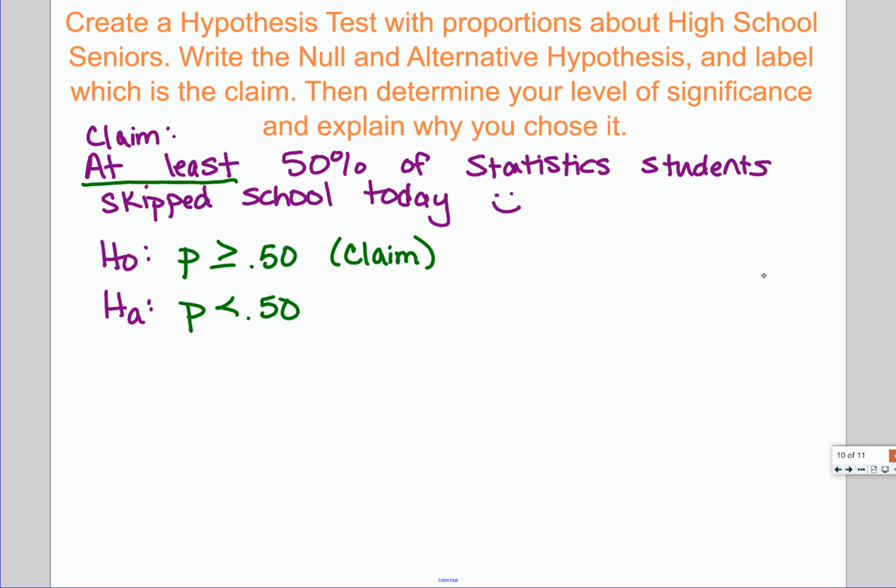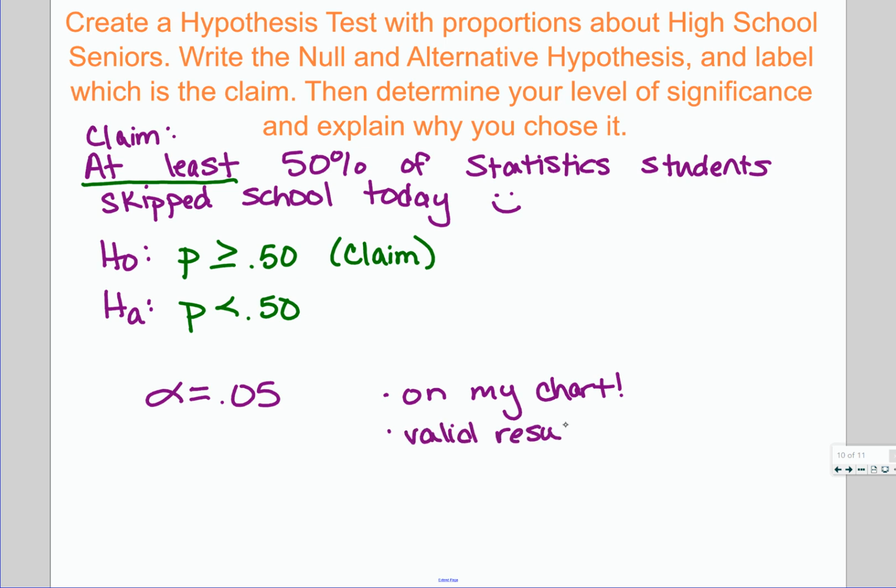If I were picking one, I would probably pick a level of significance of 0.05. And you could say, because number one, it's on my chart, so I know that value. Okay. Number two, you're going to get pretty valid results with something like that, but you're not very likely to get either a type 1 or a type 2 error.